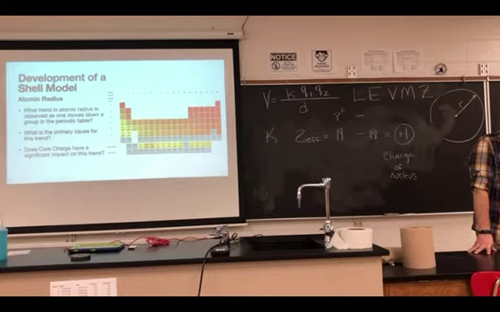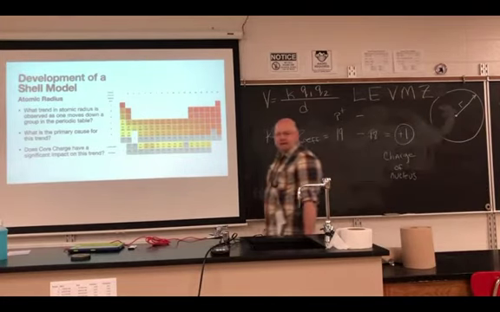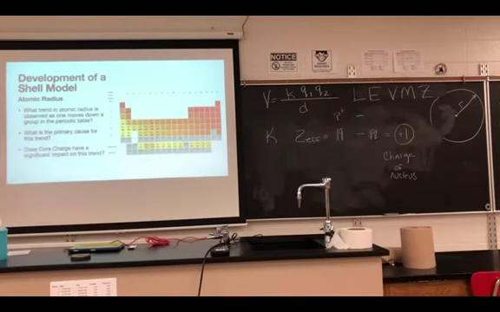Jonah? Goes up. Now, why? Cameron? Is it because they get more shells? That's it. It's not the only reason, but it's the primary reason. We've seen that as you add more electrons, you get to a certain point and then you add another shell.